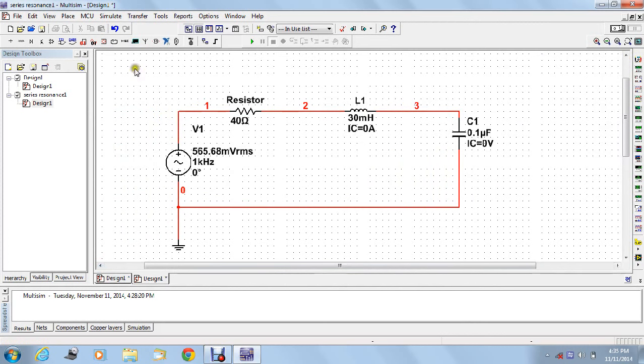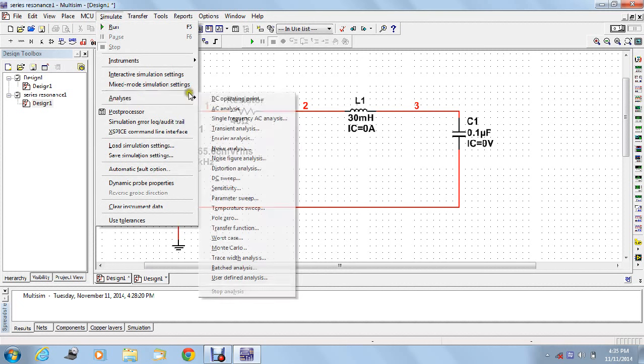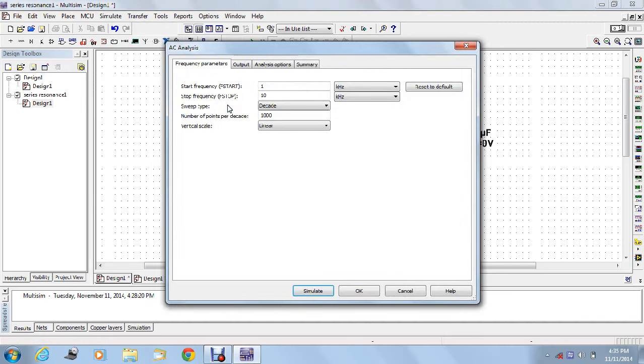To run this circuit, first go to simulate, then analysis, AC analysis. Start frequency is your source start frequency, 1 kilohertz. Stop frequency 10 kilohertz, because for this example the calculated resonant frequency is 2.9 kilohertz, so a stop frequency of 10 kilohertz is sufficient.